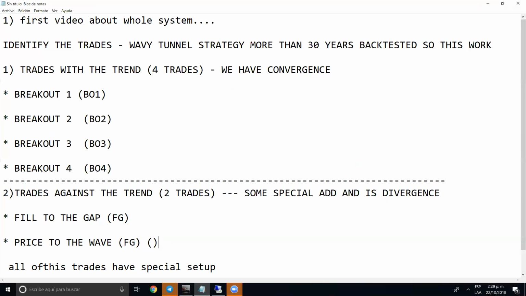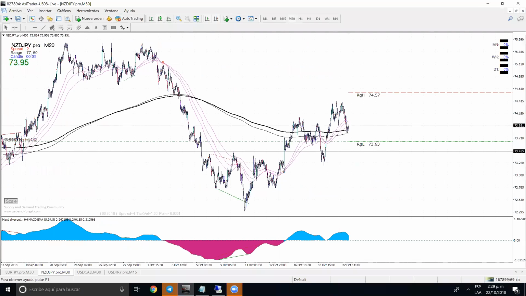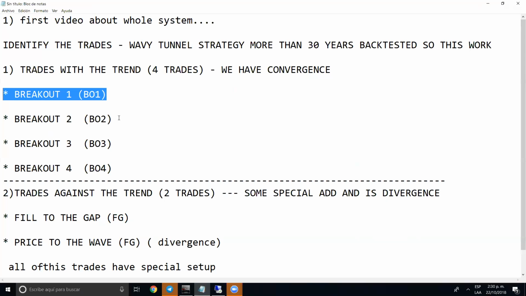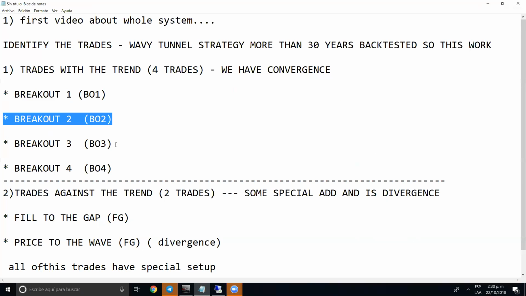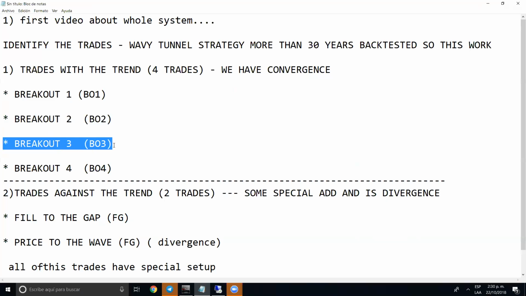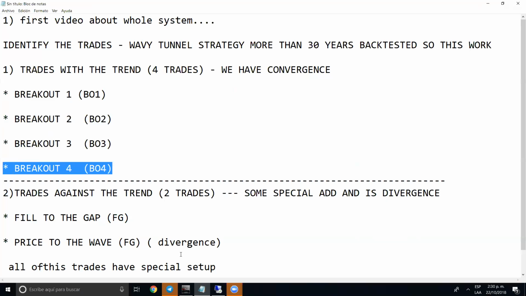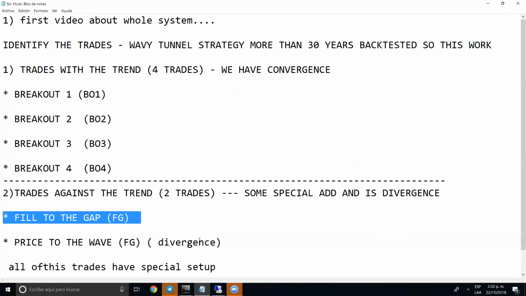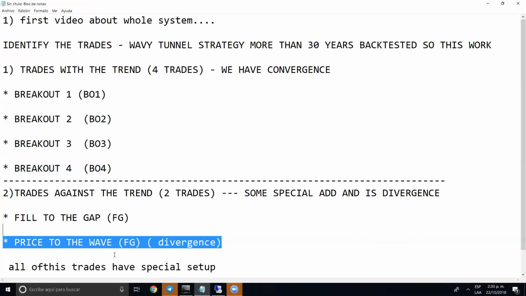And we can trade all these trades. We can trade breakout 1, breakout 2, breakout 3, breakout 4, we can trade the fill to the gap, and we can trade the price to the wave.